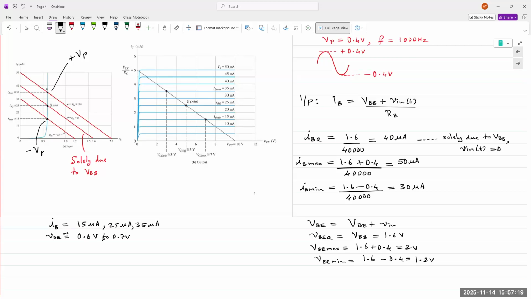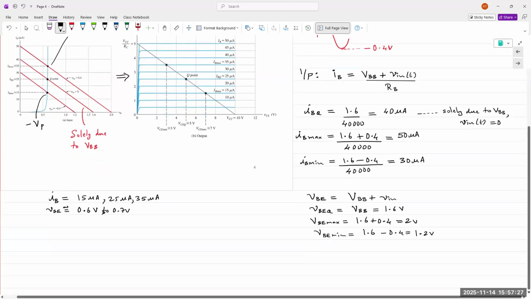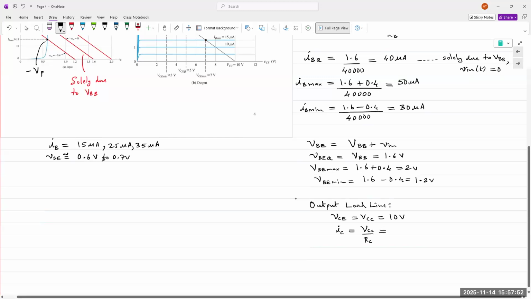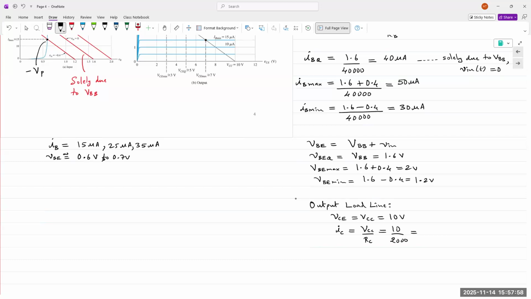And so then we go on the output graph and we plot our load line. So the coordinates for the output load line: VCE is equal to VCC, so it's simply 10 volts. And then IC is equal to VCC over RC, which is 10 over 2000. So IC is 5 milliamps.